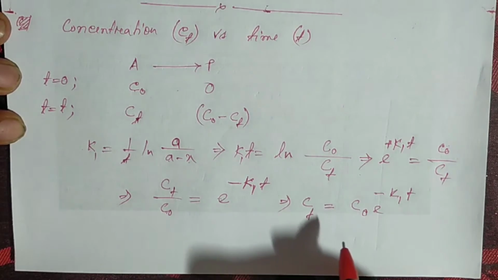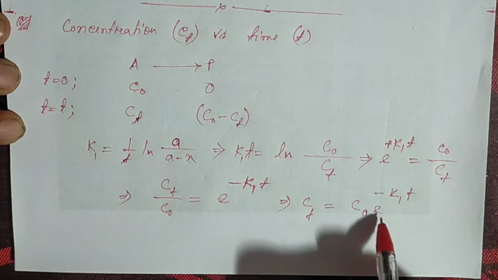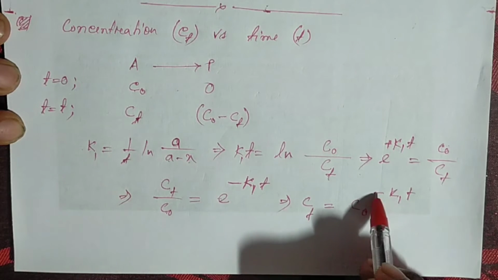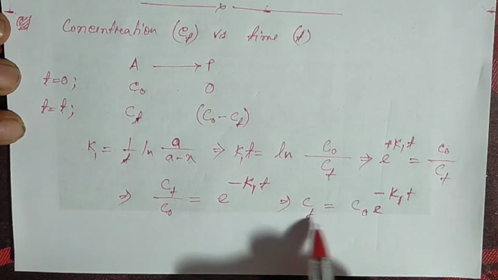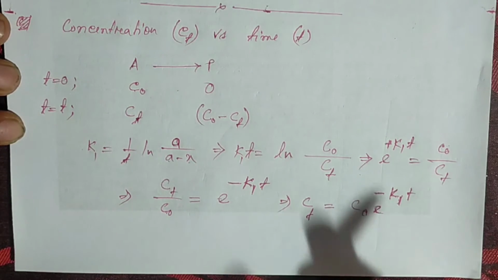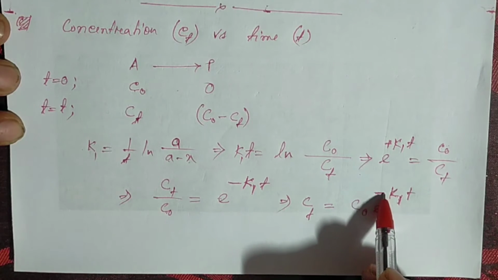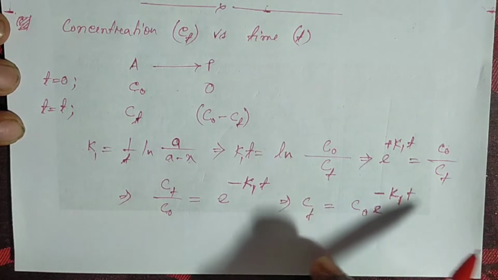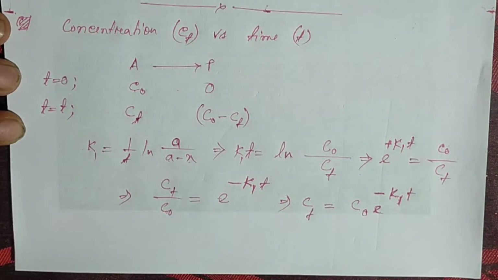So as you know that it is exponential, and there is a negative sign here, this will be an exponential curve, and as it is negative, the curve will decrease exponentially.